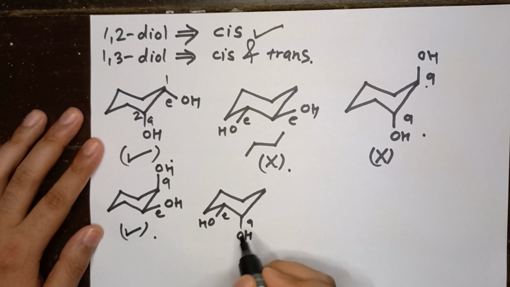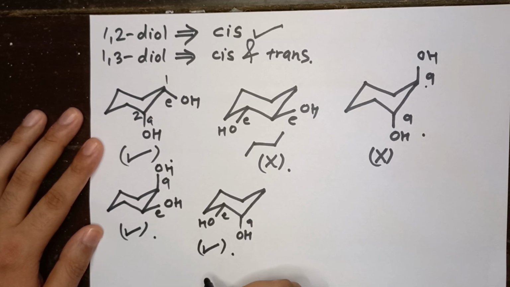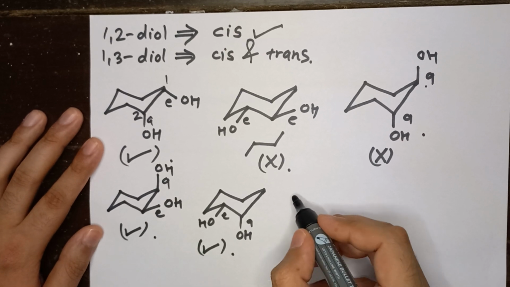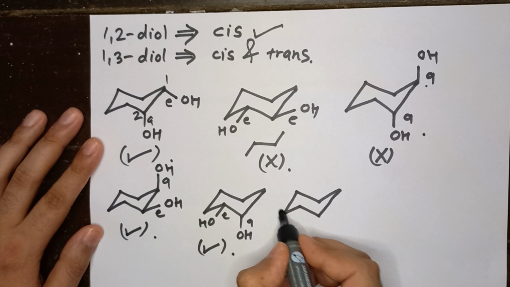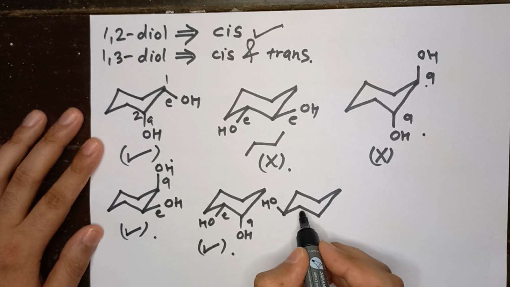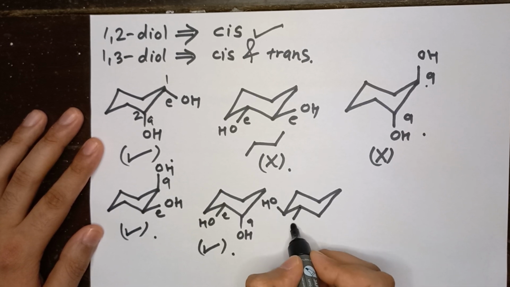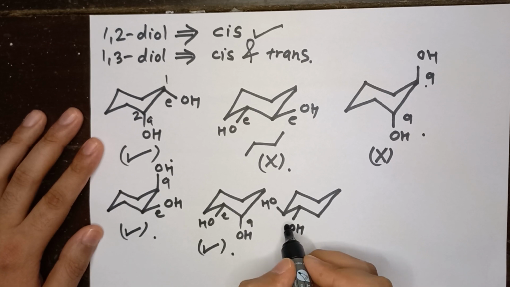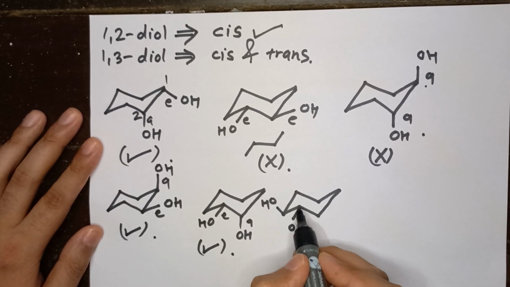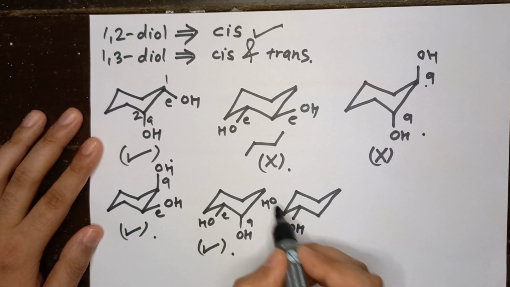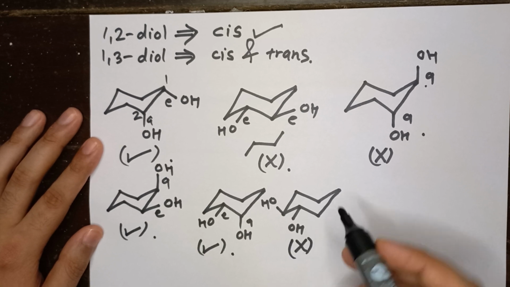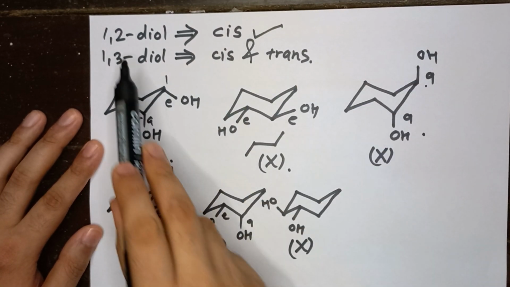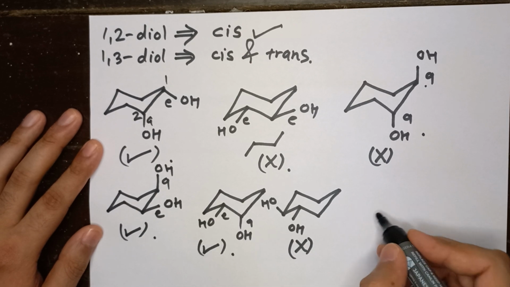They both are facing downwards. We can protect it. What about this one? Okay, clearly this is facing upwards, this is facing downwards. This is my equatorial bond, this is also an equatorial bond, but they are facing opposite, so I cannot protect it because I need a cis conformation to protect 1,2 diol. What about this one?